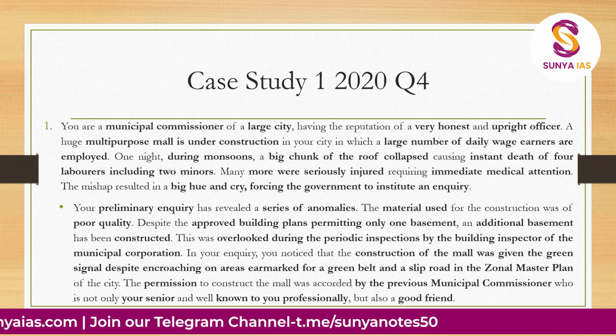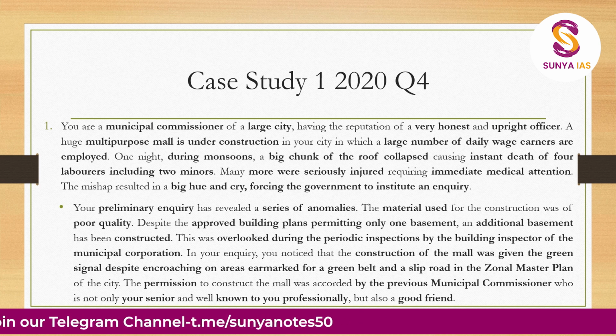So one night during monsoons, a big chunk of the roof collapsed, causing instant death of 4 laborers, including 2 minors. Right? Many more were seriously injured, requiring immediate medical attention, and the mishap resulted in a big hue and cry, forcing the government to institute an inquiry.